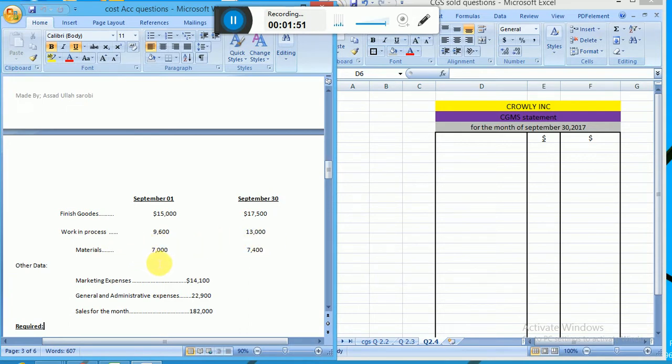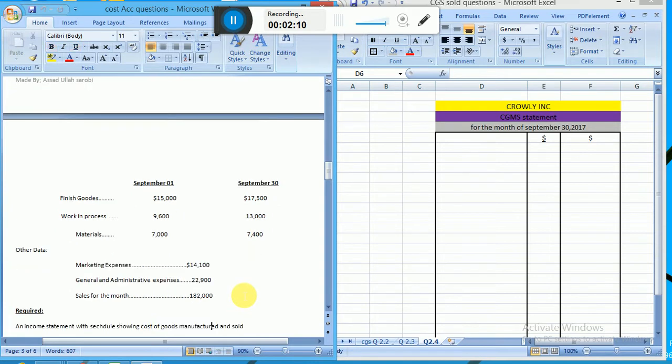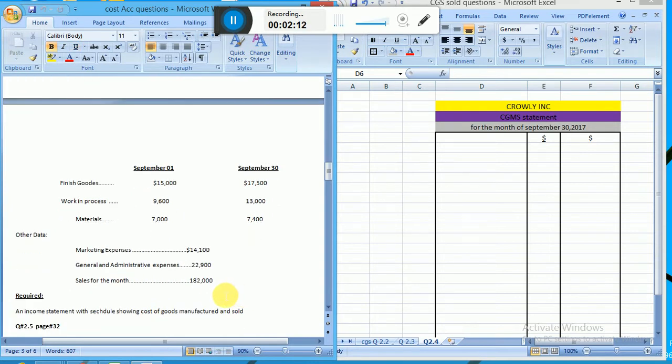Direct material on September 1st is 7,000, and on September 30th 7,400. Other data shows marketing expenses 14,100, general and admin expenses 22,900, and sales for the month $182,000.